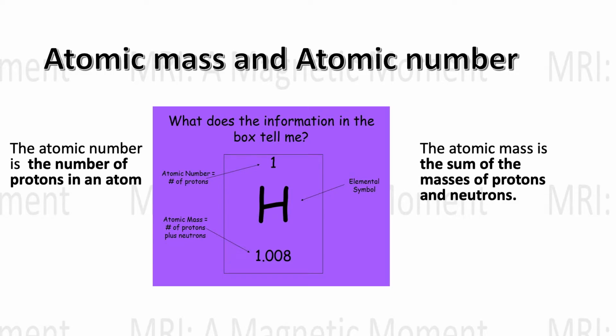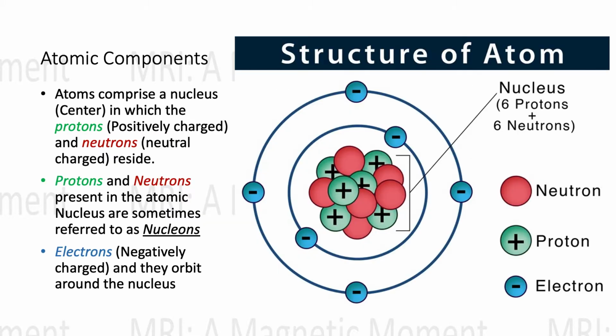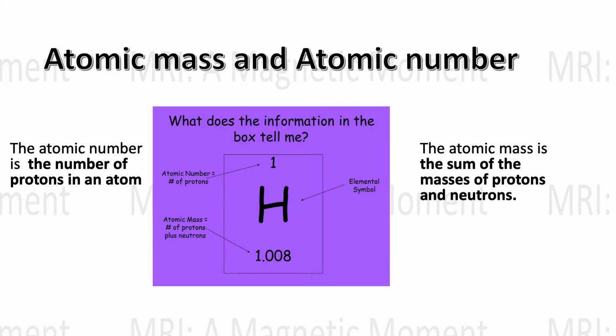Atomic mass and atomic number. The atomic nucleus is in the center, as we saw in the earlier slide. It's in the center of the atom. And the number of protons and neutrons in the atom define what type of atom or element it is.